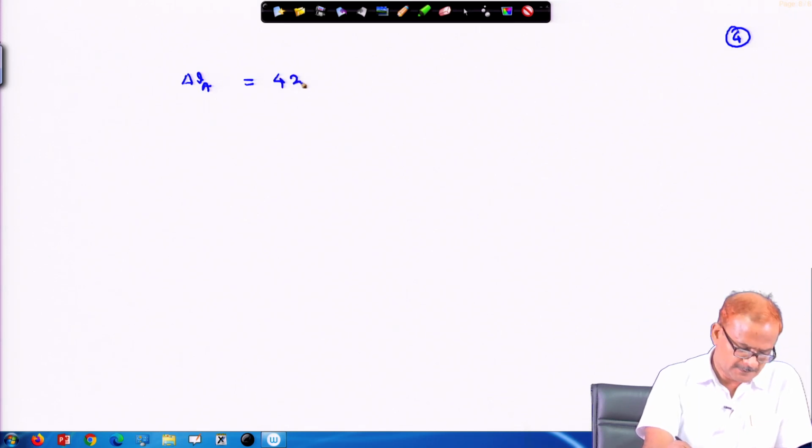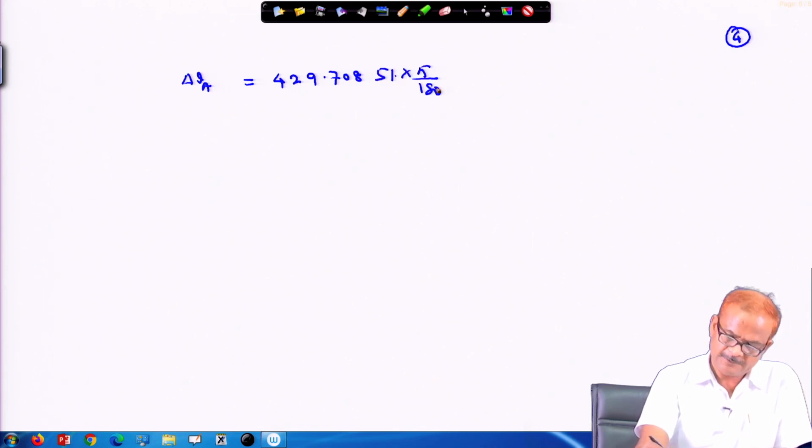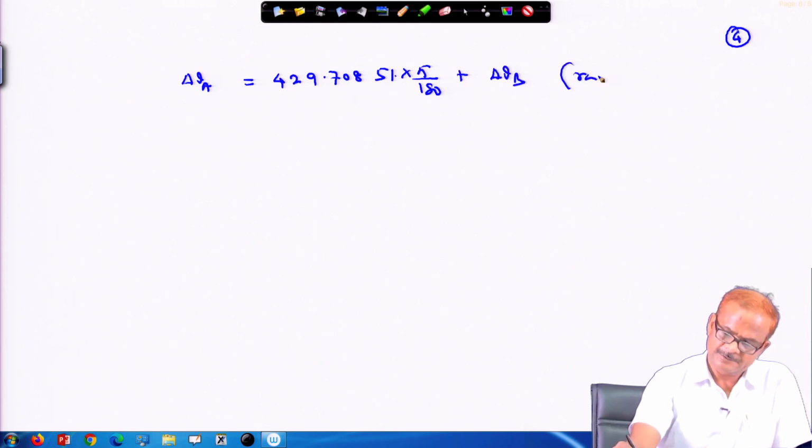And if we convert in terms of radians, this will be 70851 times pi by 180 plus delta theta b. This is in radians.